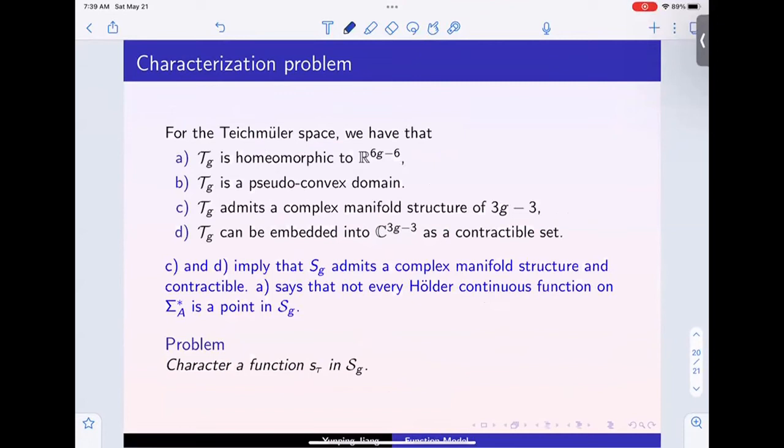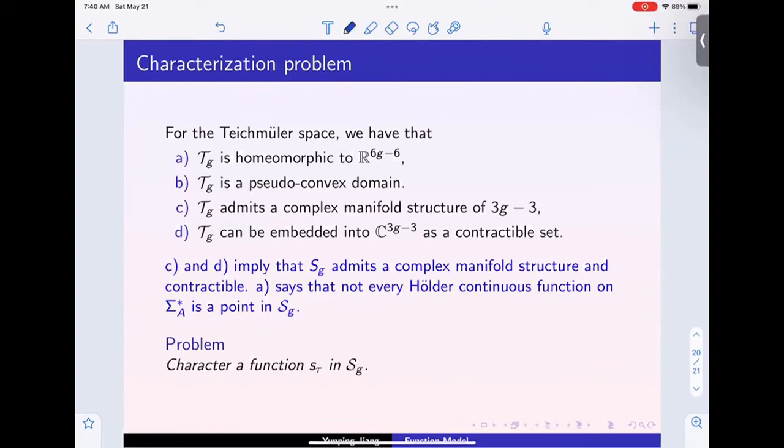We know the Teichmüller space is homeomorphic to R^(6G-6); basically it's a finite dimensional manifold. It's also a pseudoconvex domain. T_G admits a complex structure of dimension 3G-3, and T_G can be embedded into C^(3G-3) as a contractible set.